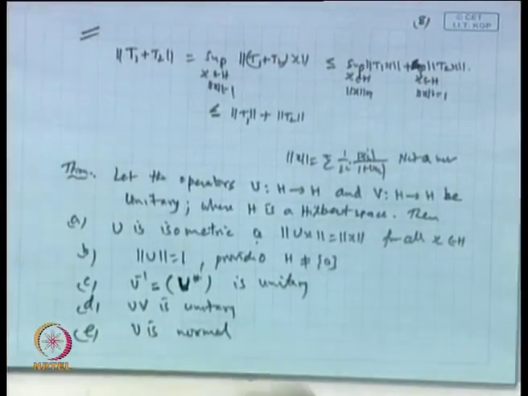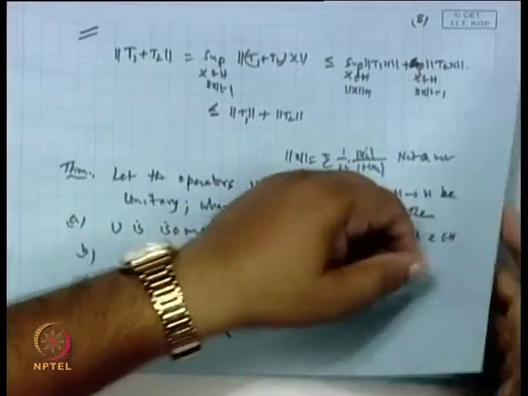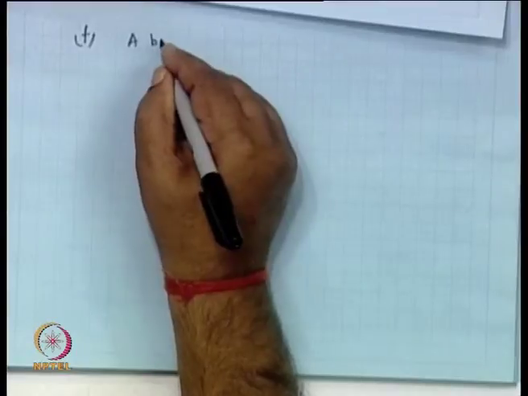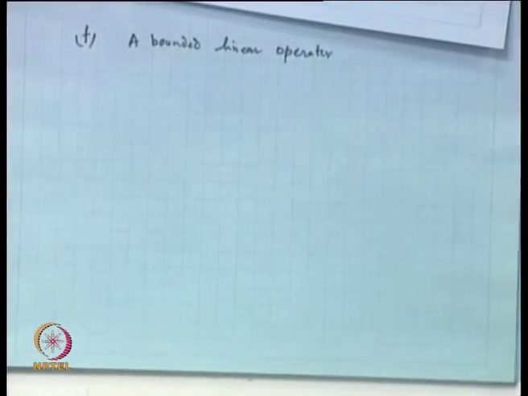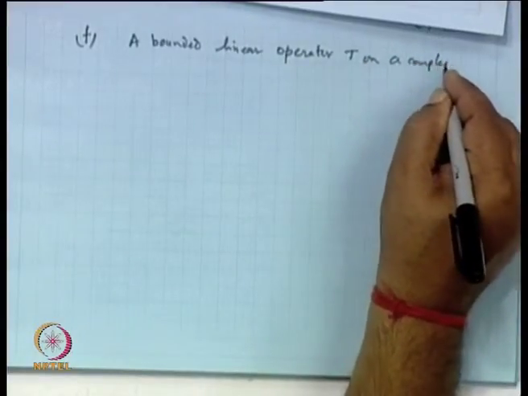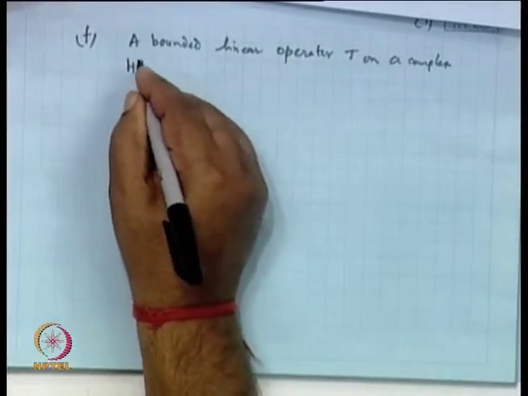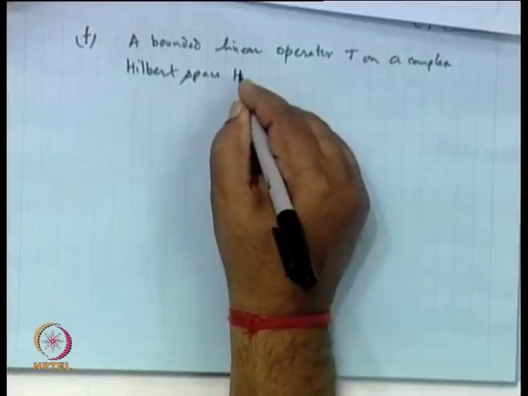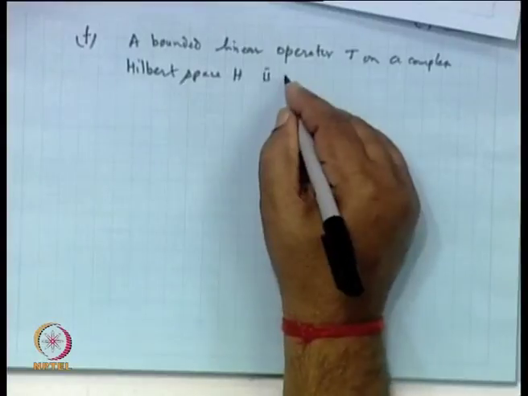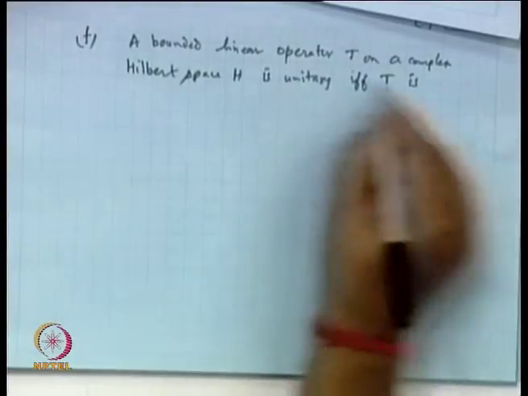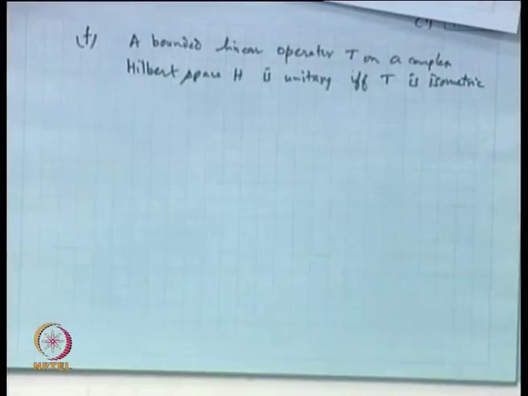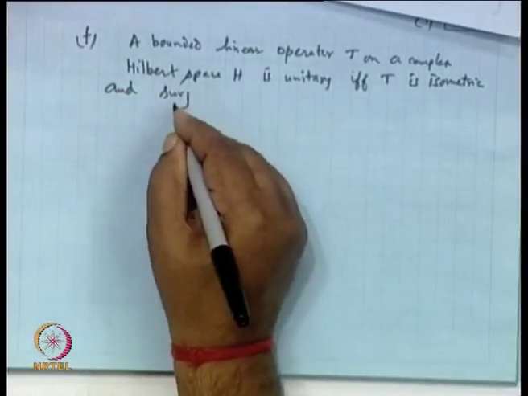And finally we get the last one: a bounded linear operator T on a complex Hilbert space H is unitary if and only if T is isometric and surjective. Surjective means onto.